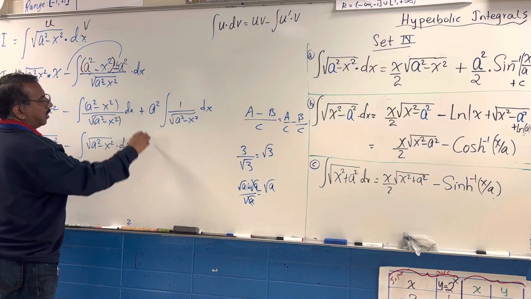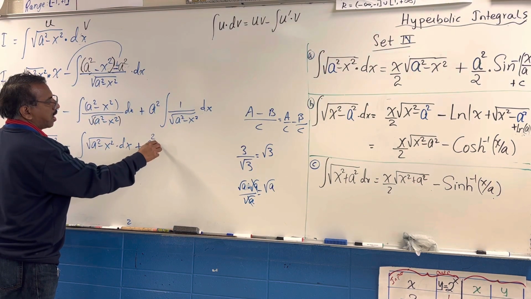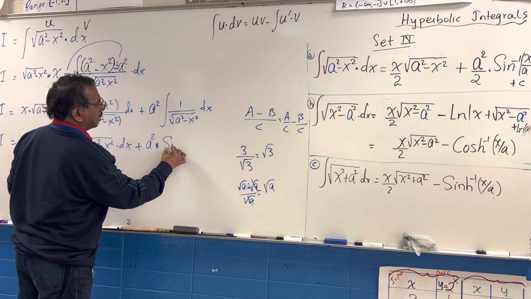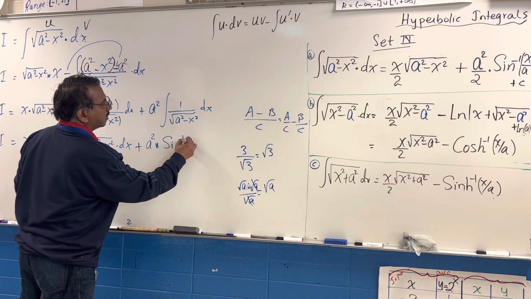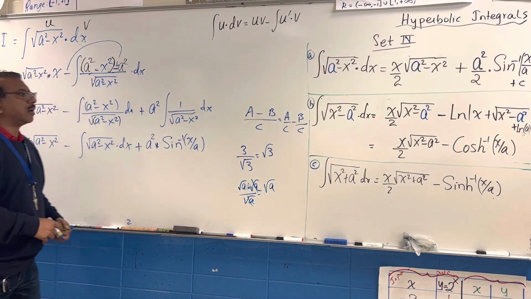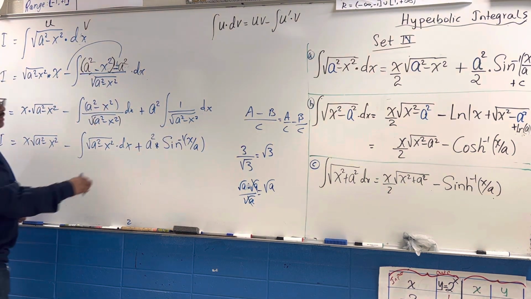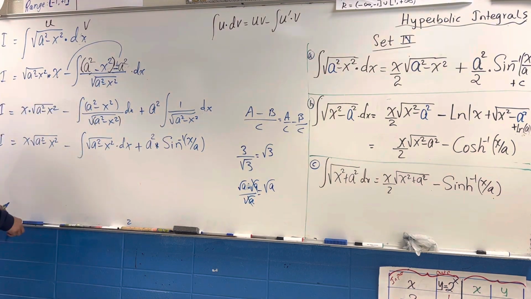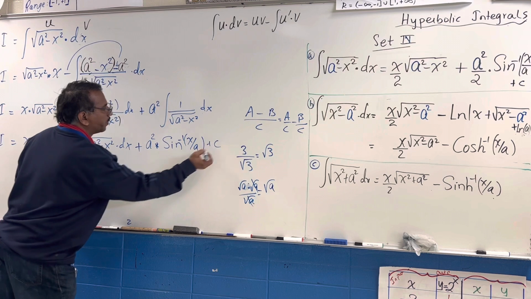And this is a square times the integral of 1 over square root of a square minus x square, which is sine inverse of x by a, directly from the earlier integral formula. Integral of that is that, straight away, plus some constant.